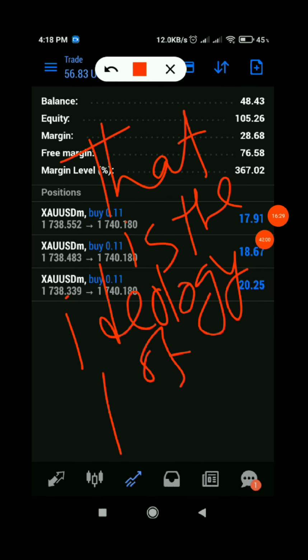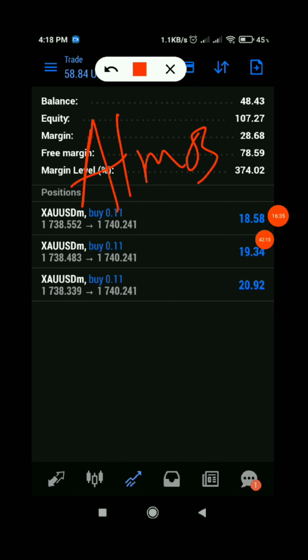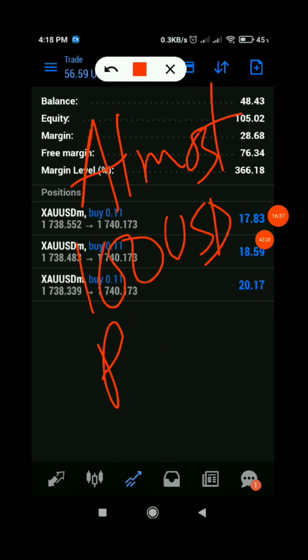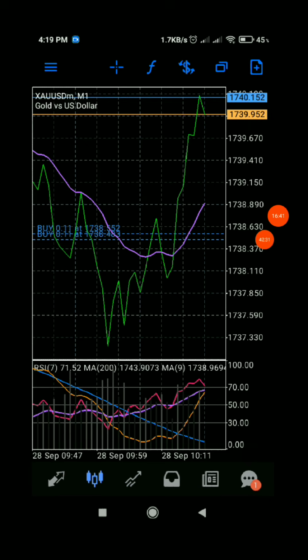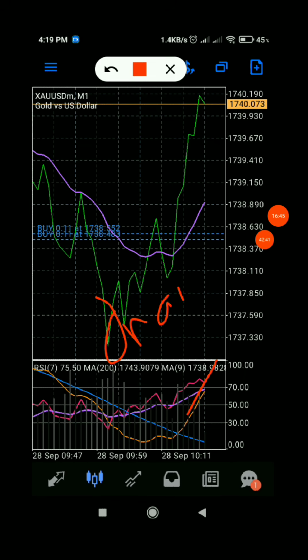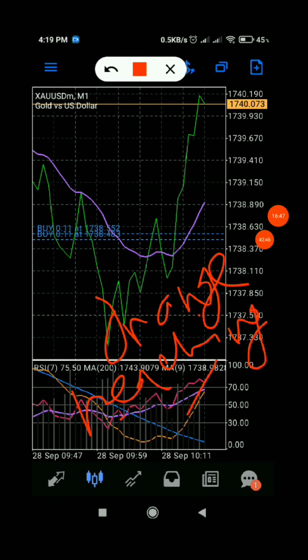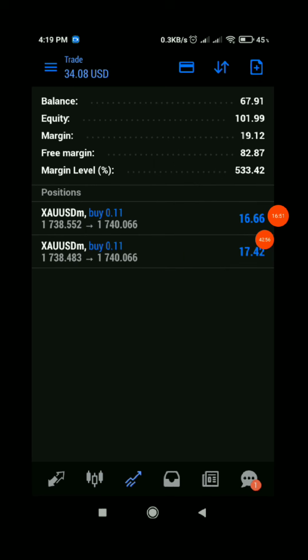That is the ideology of 1%. We reached almost 100 plus, so I'm taking profit from this level. As you see here, orange reaching the 70 level, so it is a good time to take profit.